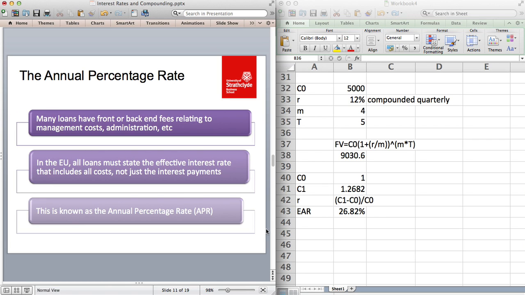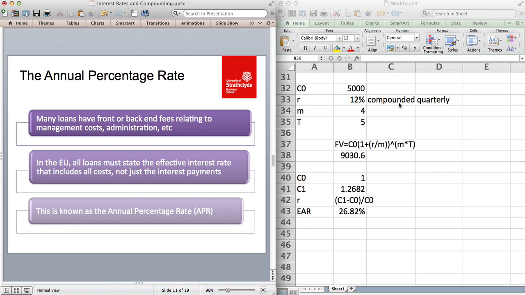A quotation of rates like 12% compounded quarterly doesn't really give you the true appreciation of the actual total cost of financing. Why? Because if it's 12% compounded quarterly, it's 1% per month. If you're talking to a layperson, how would they know that that is equivalent to something greater than 12%?